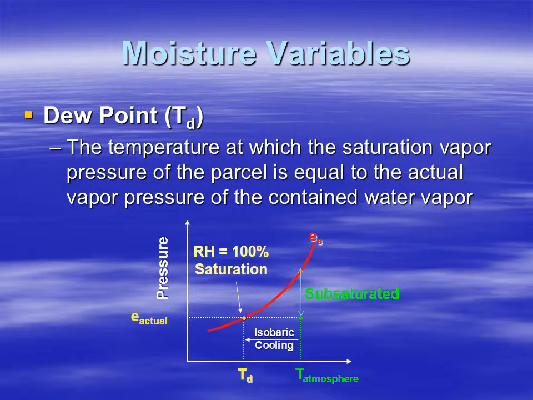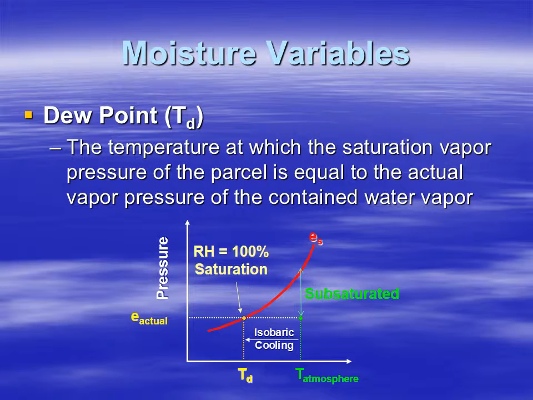Now, we talked earlier about there are times, or almost always, in the atmosphere the air is not saturated. You have some actual amount of water vapor in the air, and it's less than your saturation amount. So let's look at some particular temperature, T, in our atmosphere. We're going to call that T atmosphere, and that's the green T, or the green lines that you see there.